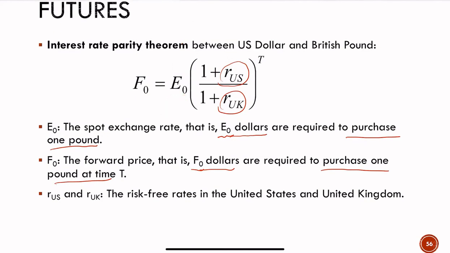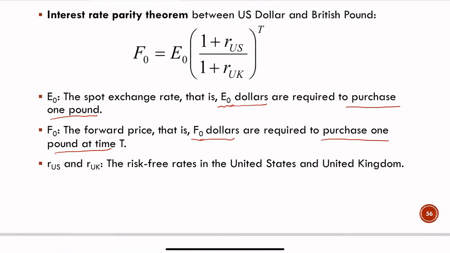Now, how do you get this parity theorem? Let me show you. Let's say you have 1 pound. Now you actually have 2 ways to invest this 1 pound. First, you can invest in the UK, right?